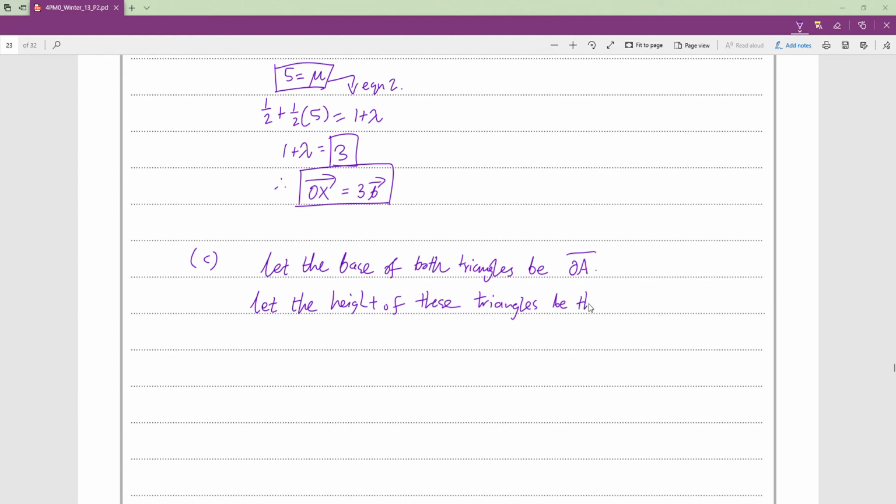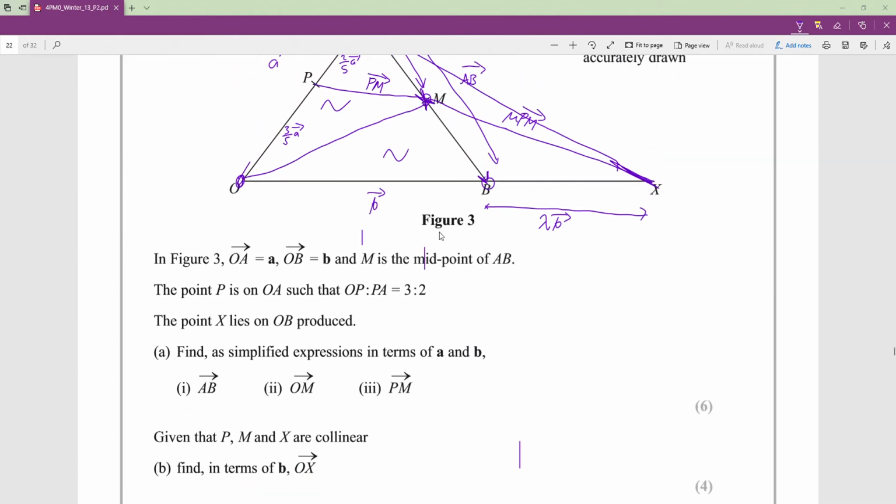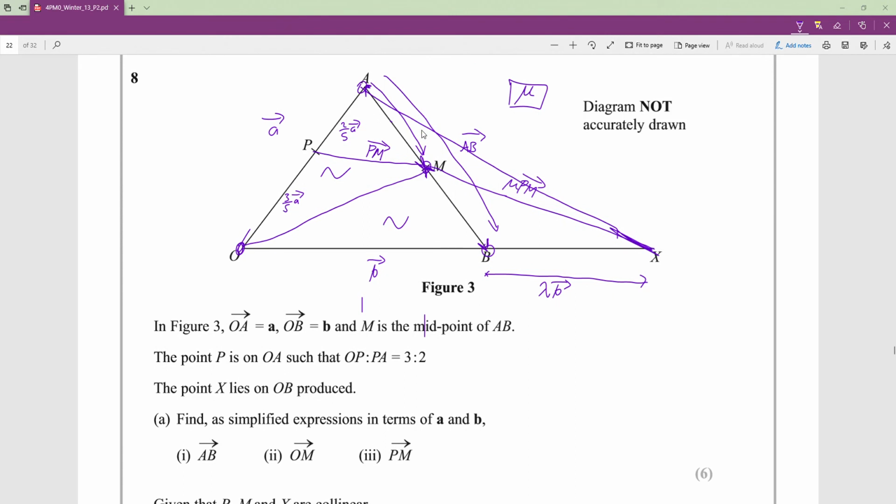The altitude, in fact, is the line that drops down from M at right angles to the line OA. And that would be the height. So we're going to call the foot of the altitude M prime, as well as X prime here.